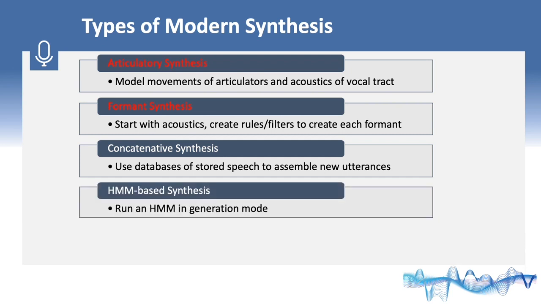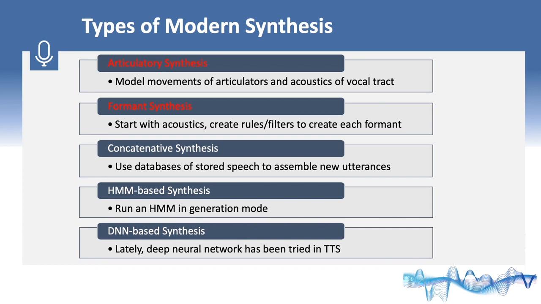HMM-based synthesis runs a statistical HMM model in generation mode. Lately, deep neural networks have been tried in TTS. Each technology has strengths and weaknesses, and the intended use of a synthesis system will typically determine which approach is used.